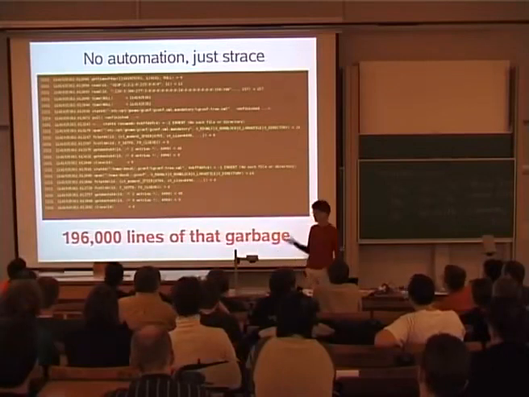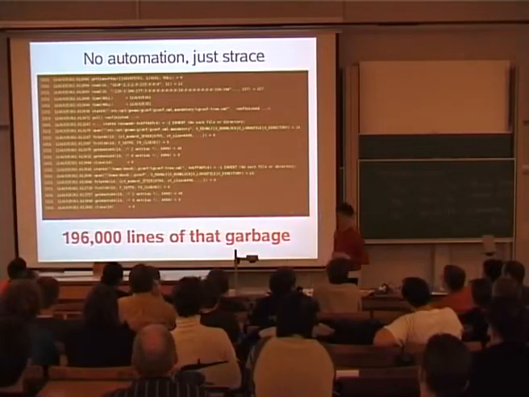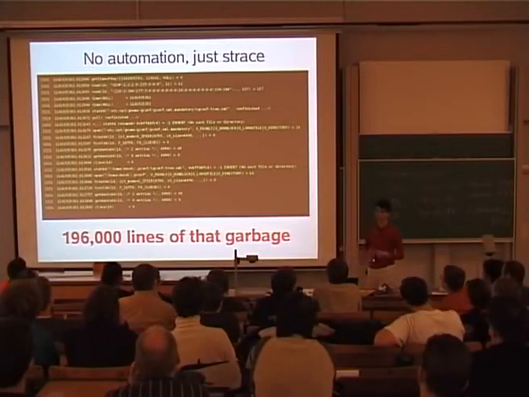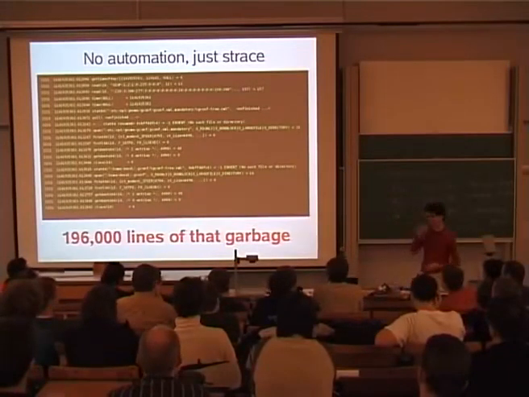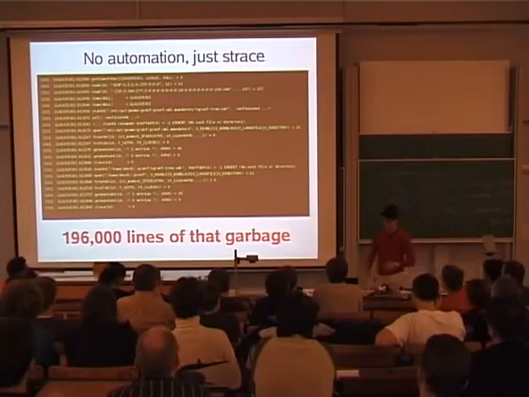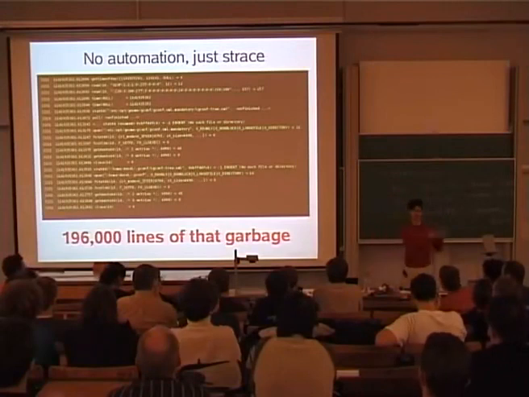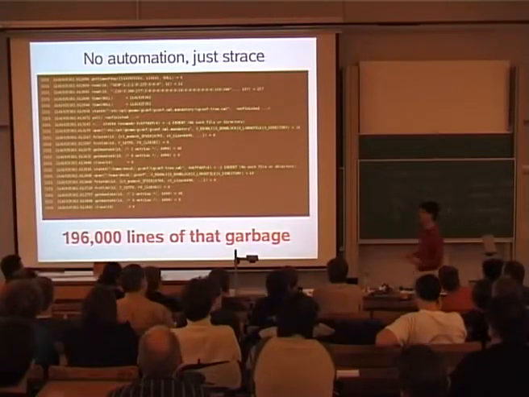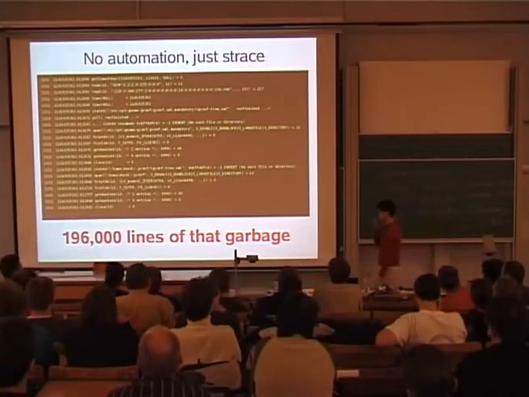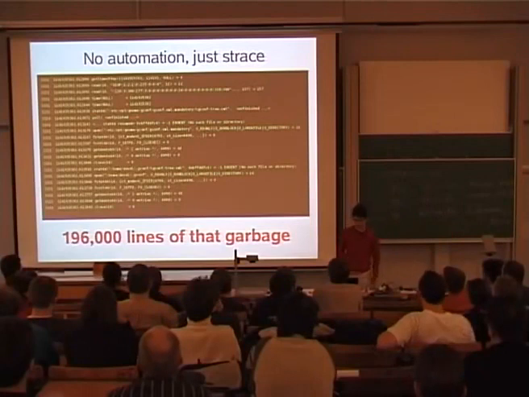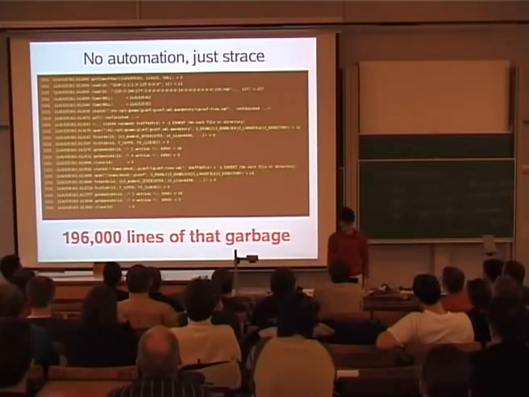This is the kind of log I was getting a few months ago when I was profiling the startup time of Nautilus. I was trying to see why the hell Nautilus takes like 4 seconds between the time you run it and the time it actually paints the desktop for the first time. Nautilus startup is 196,000 syscalls, and it's just impossible to see what the hell is going on there.